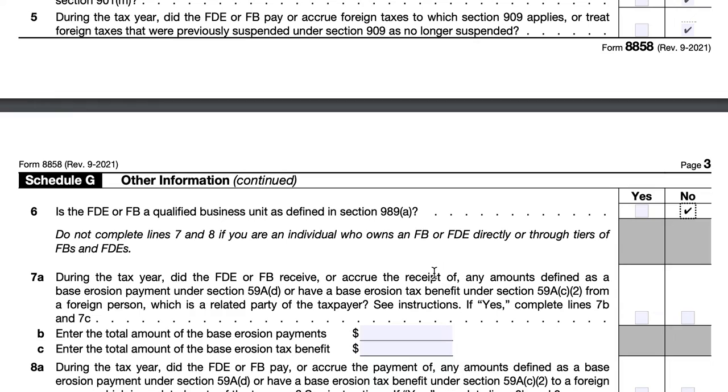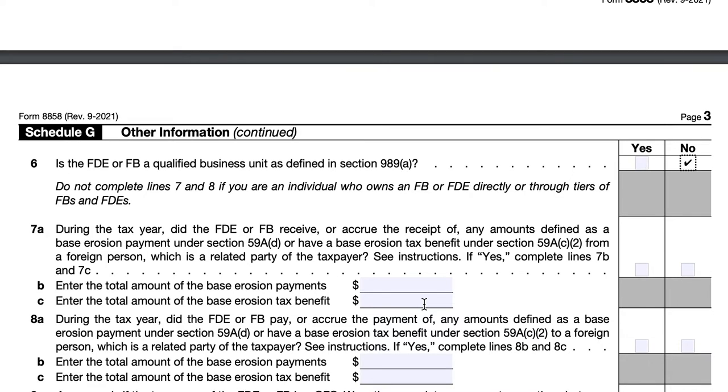If you own your FDE or FB either directly or through tiers of FBs and FDEs, then you would not complete either line 7 or 8.